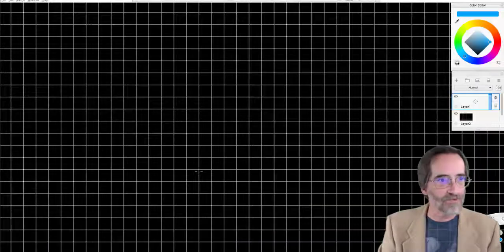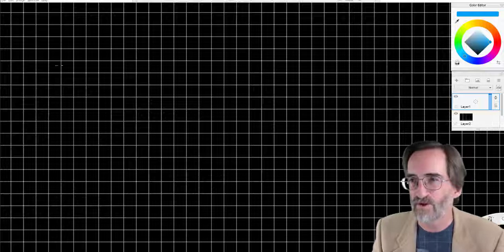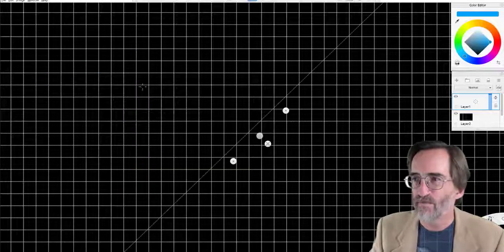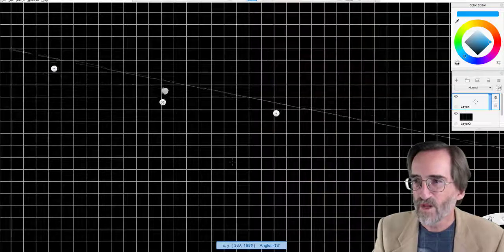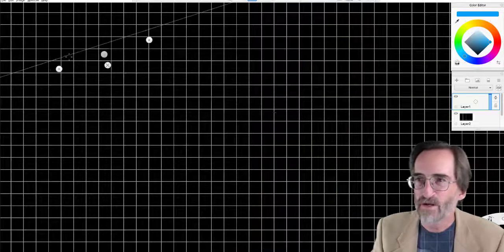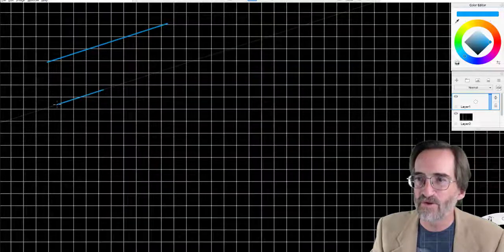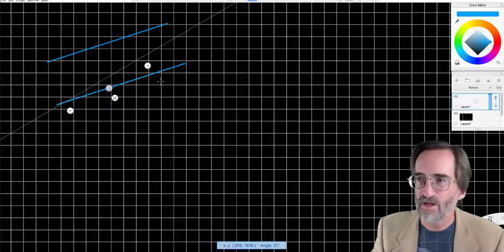Now let's do a proof and see if we can do this fairly quickly. So we've got two parallel lines on our paper here. These are the rules. They have to be parallel for these rules to apply.